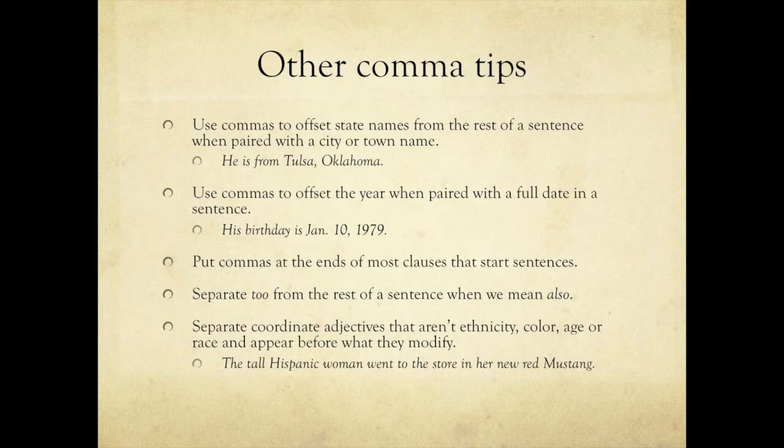You can also switch the order around, and if it still makes sense, then you have coordinate adjectives, and we separate those with commas, unless they fit this big exception. This is really what confuses people about coordinate adjectives and commas.